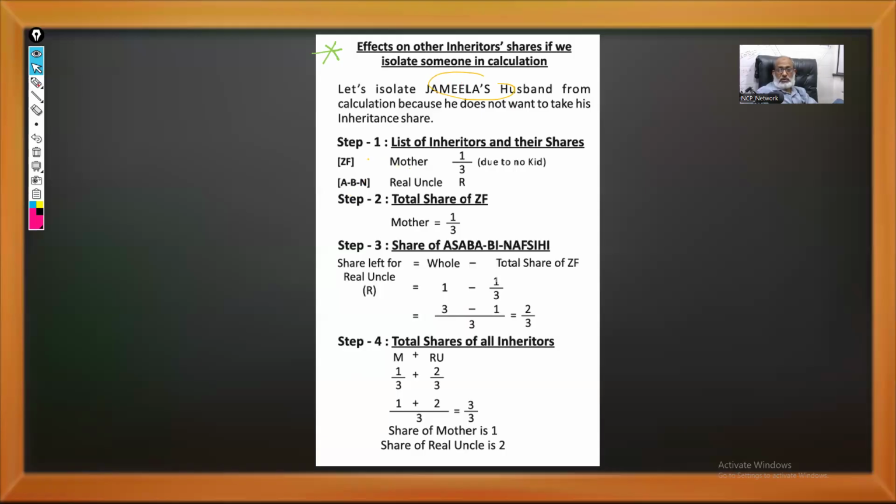If we take only the mother and the real uncle, of the 6 lakh rupees the share of the mother will be 1 by 3, and the rest will go to the uncle. It means 2 by 3 goes to the uncle and 1 by 3 to the mother.